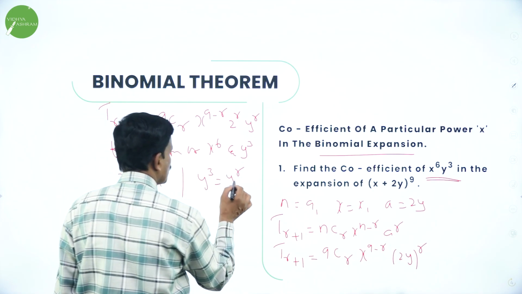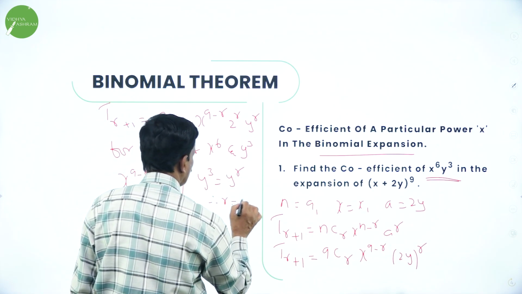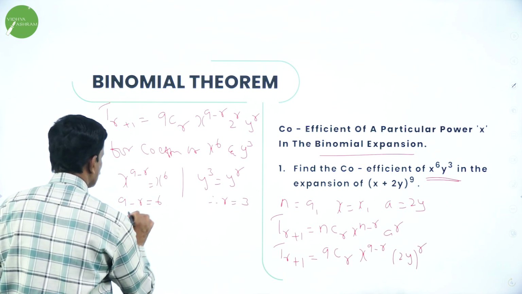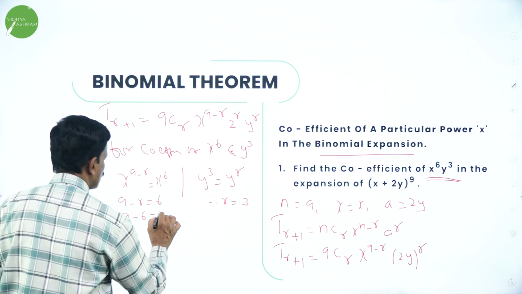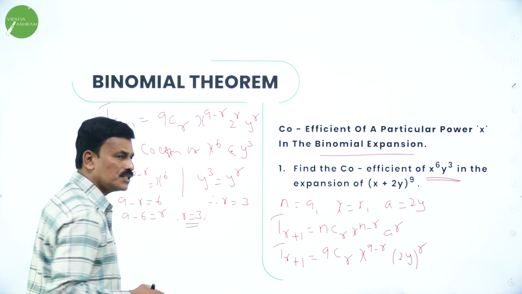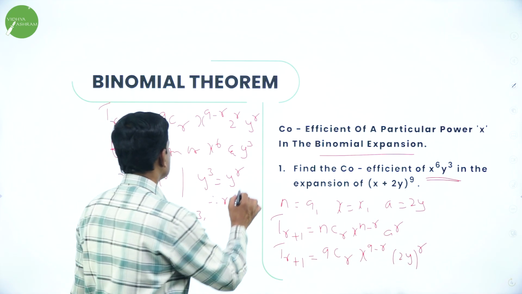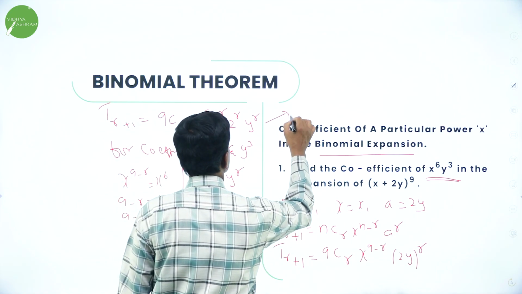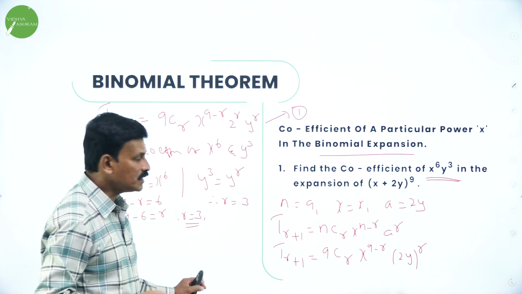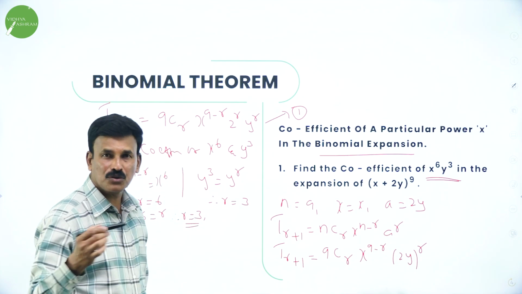So if bases are the same, therefore the value of r is equal to 3 here. In this case also 9 minus r is equal to 6, 9 minus 6 is equal to r, therefore r is equal to 3. So just put r is equal to 3 in this expansion. Let us represent this as equation number 1. If you substitute the value of r in the given expansion, you will get the coefficient.